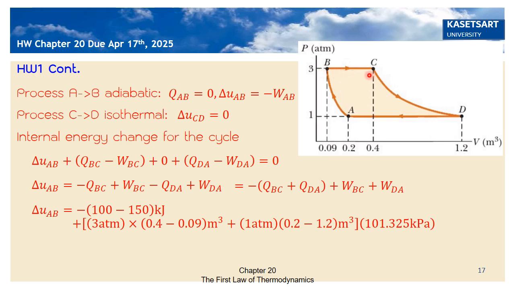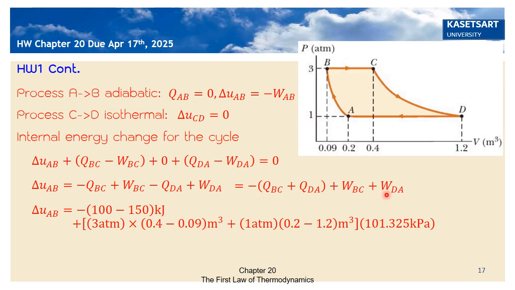The PV diagram shows that for B to C, the pressure is 3 atm and the volume changes from 0.09 to 0.4, so the volume change is 0.4 minus 0.09 cubic meters.